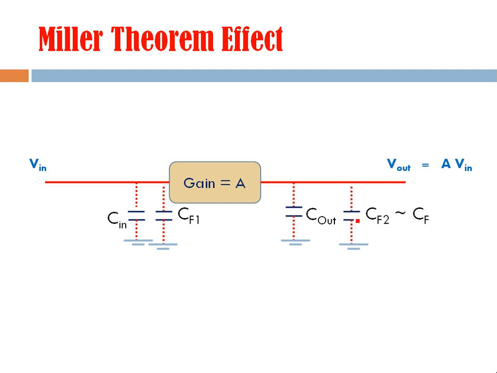So this is appearing in parallel with the already existing output capacitance. So the net output capacitance will be the sum of these two, because they are appearing in parallel. So that way the use of Miller theorem has simplified our problem, because now we need to do the entire analysis only at the output node. We need not go to the input node side, right?